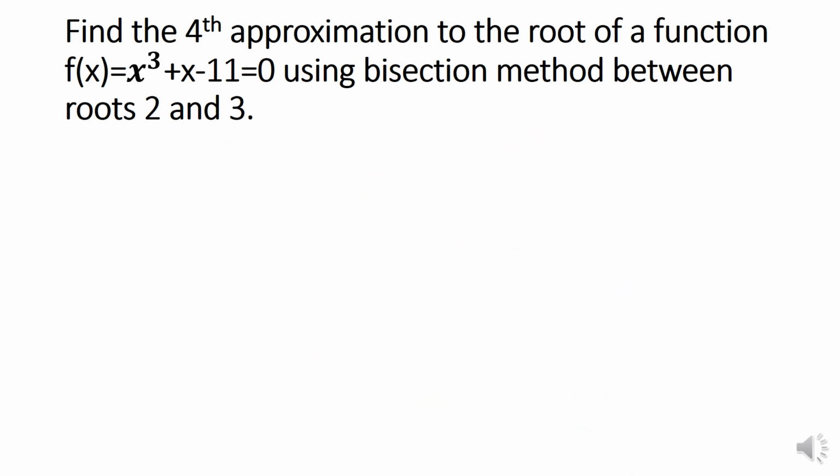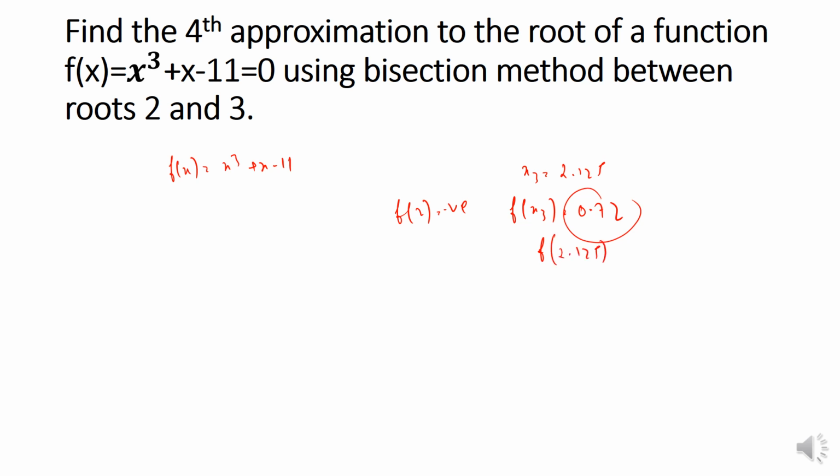Now f of x is equal to x cube plus x minus 11. x3 is 2.125, and f of x3 is equal to 0.72, as we have seen. So f of 2 is negative and f of 2.125 is positive.